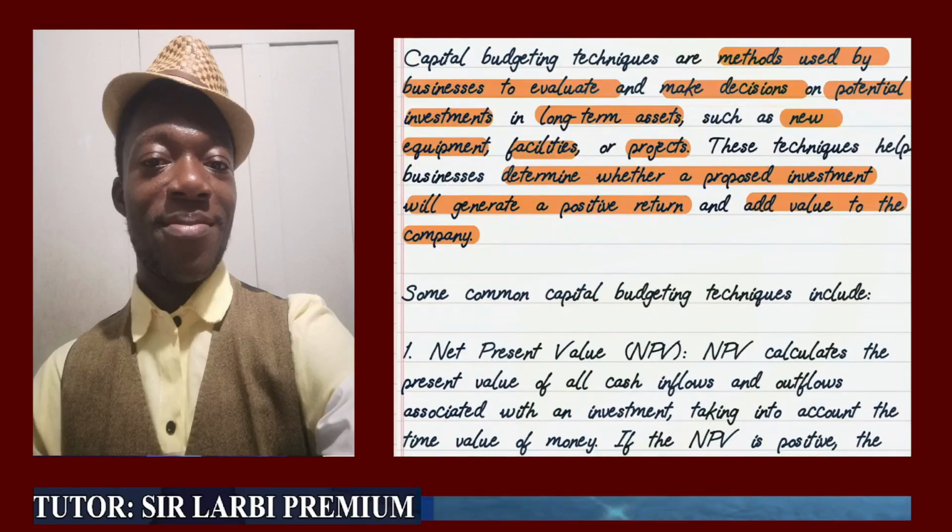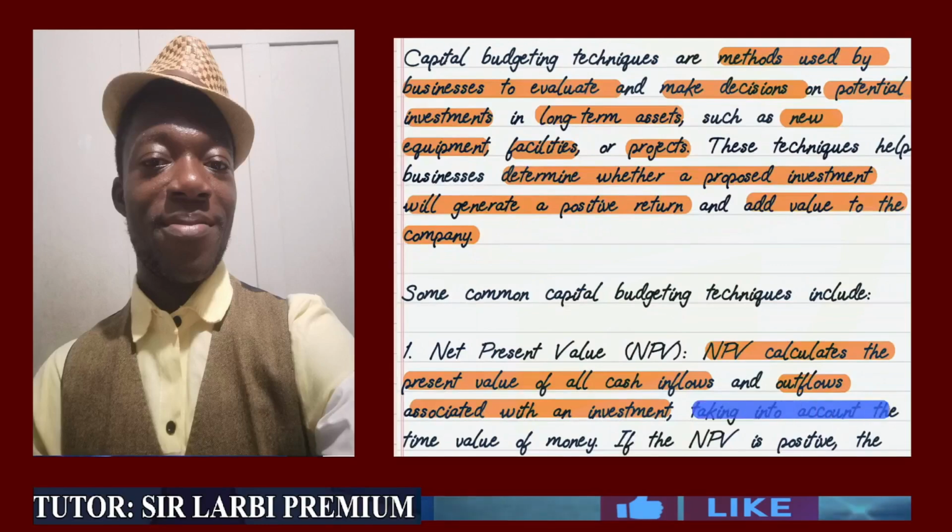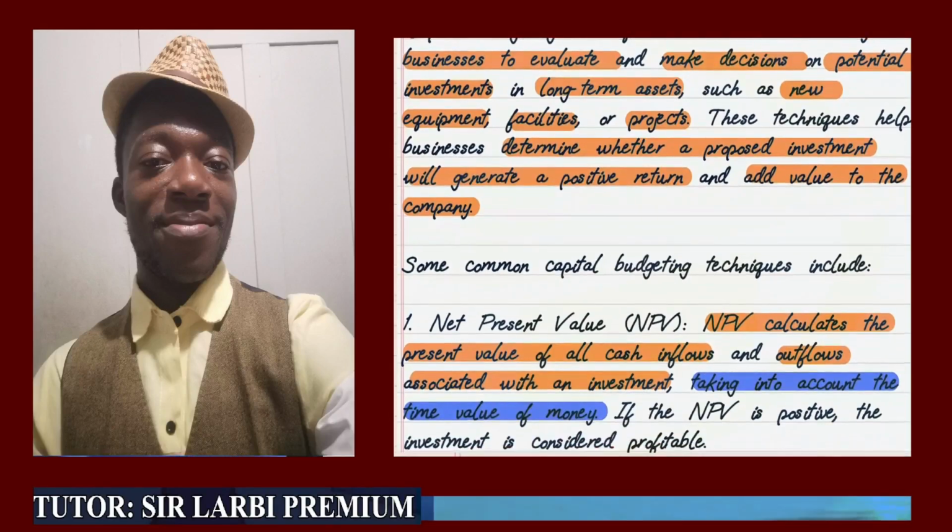So what is the net present value and how is it calculated? Net present value calculates the present value of all cash inflows and outflows associated with the investment, taking into account the time value of money. A very key thing that you want to take note of: the time value of money.